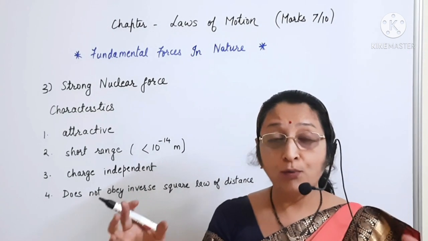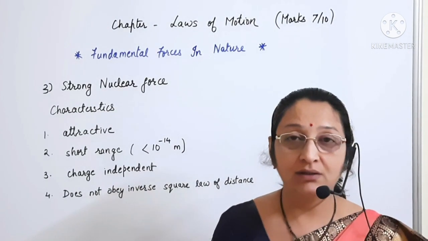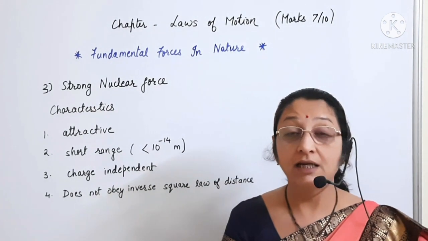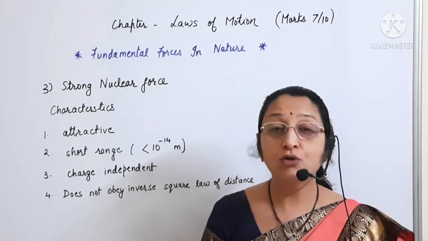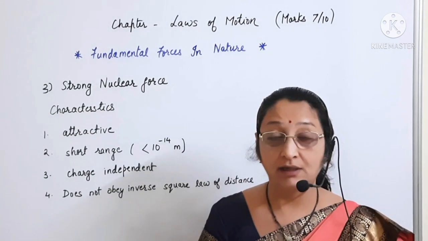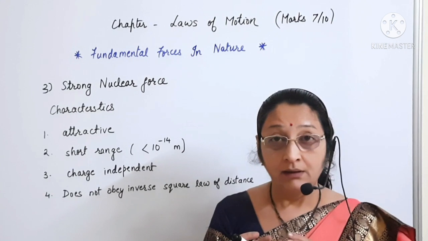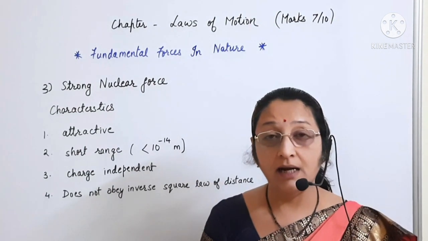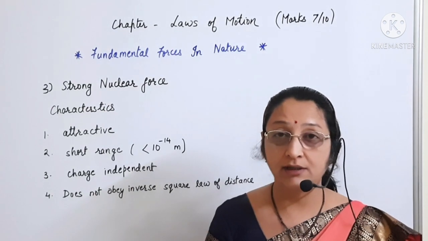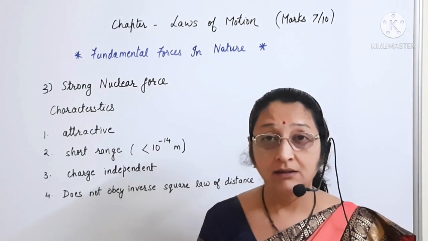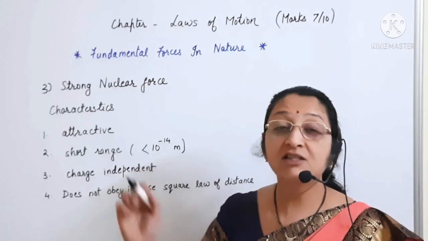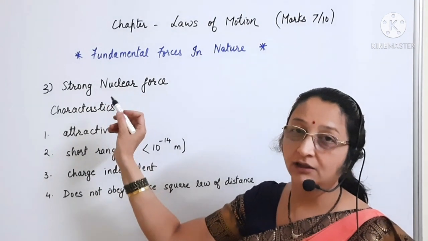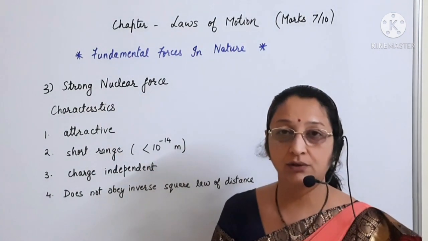And we know that two positively charged particles repel each other. But still, inside the nucleus, the protons and the neutrons are in a stable condition. They are bound to each other by the strongest force in nature, that is the strong nuclear force.